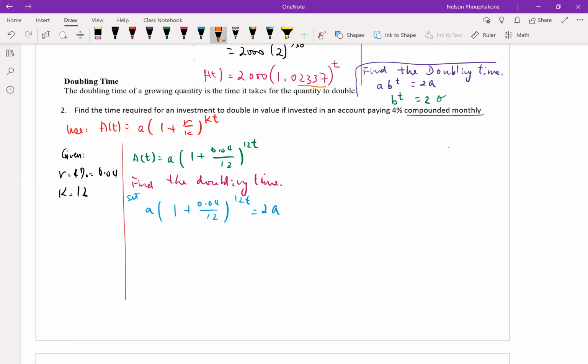I would like to use the whole thing, and at the end I just use my calculator to find t. Now I divide both sides by A. Then I have (1 plus 0.04 divided by 12) raised to the power of 12t equal to 2. Right now we have an unknown power, so we will take the natural log.